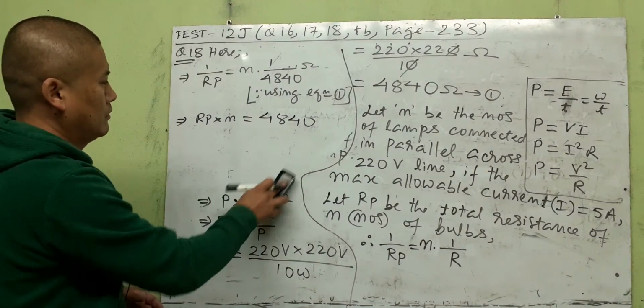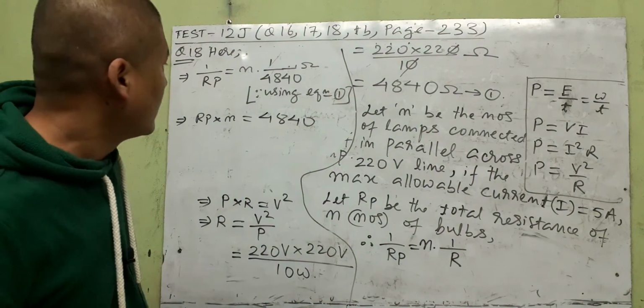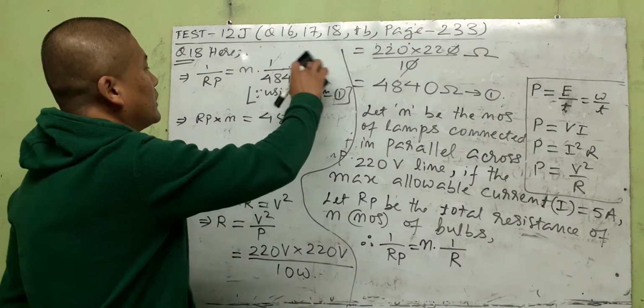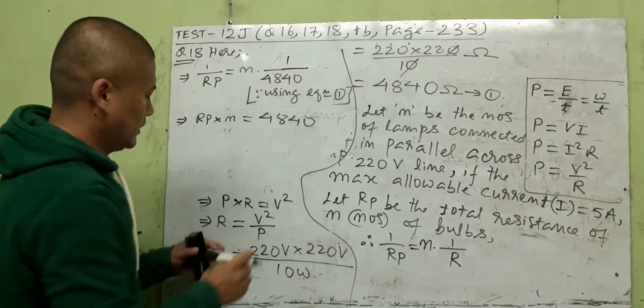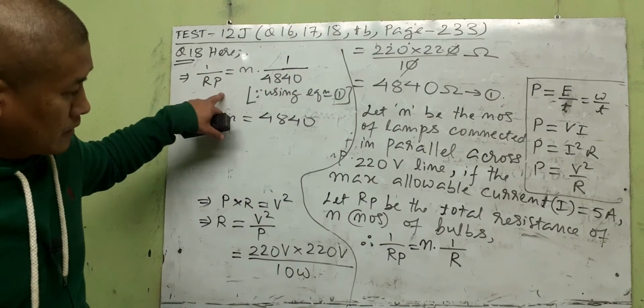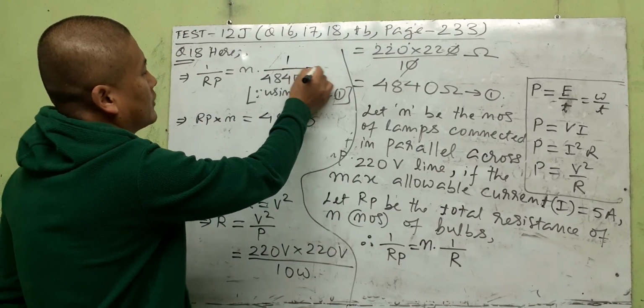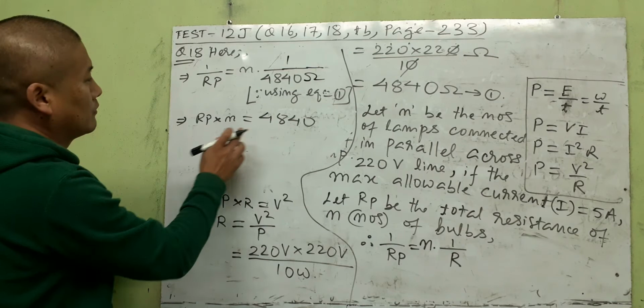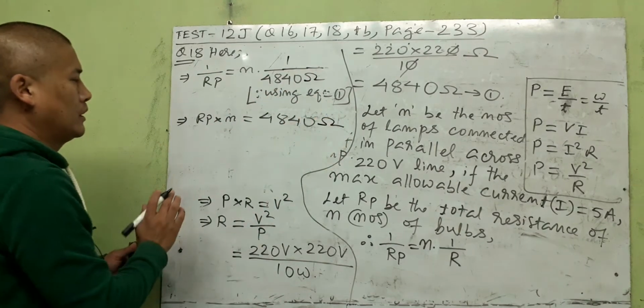This much ohms. So 1 divided by, sorry, this ohms should be in the denominator, because you see here clearly, the formula has R in the denominator and R is 4840 ohms, in the denominator, sorry. That way 1 into 4840 ohms will be ohms also here.